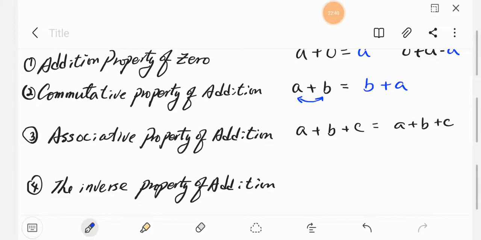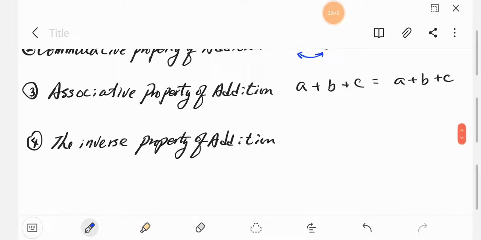And the associative property of addition is, okay, look, you are adding three numbers and the order of these three numbers is the same. So the left side of the equation is a plus b plus c, and the right side is a plus b plus c. Associative property is just grouping differently. You add the first two numbers and add c to the result.